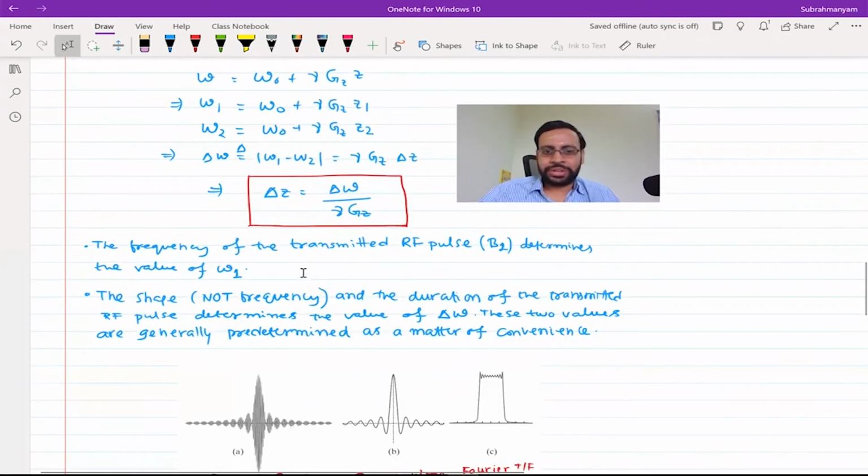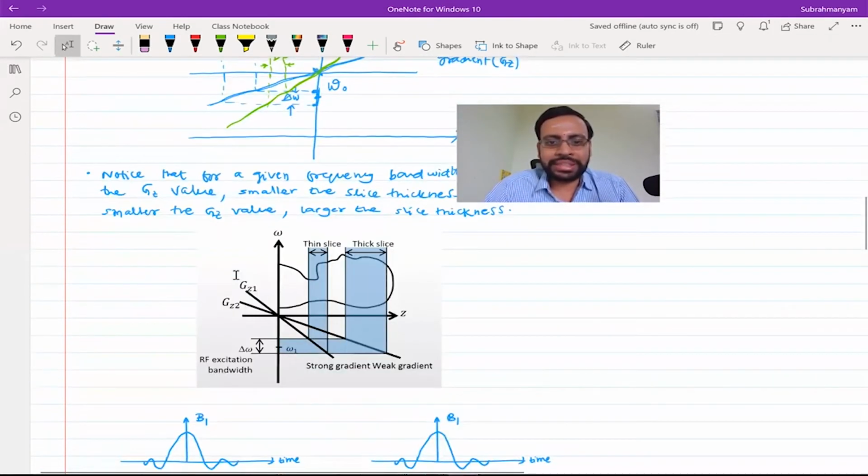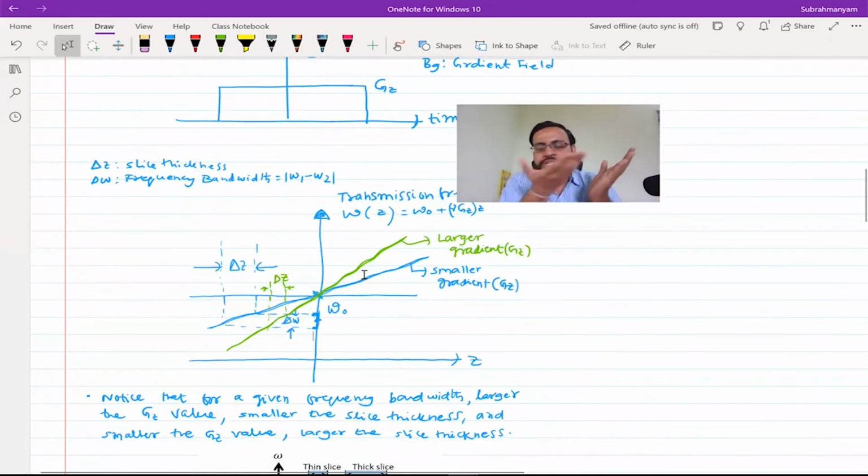Okay, so now two important additional clarifications or insights into this B1. The frequency of the transmitted RF pulse determines the value of omega 1. What we have seen here is that spatially different locations are resonating with different frequencies.